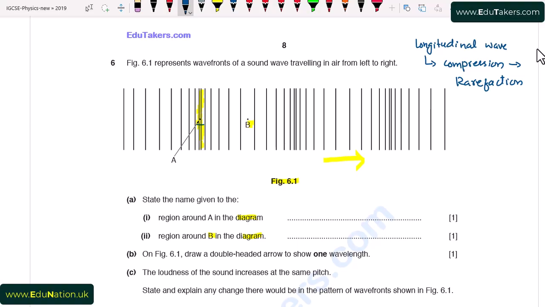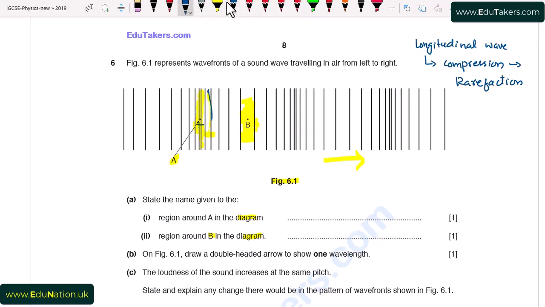In the figure 6.1 we can see a portion that is this one. Here the particles are very close to each other, so this portion is basically compression. But at point B, we can see that the distance between the wavefronts is very large as compared to point A, so this region is basically rarefaction. Point A is at compression while point B is at rarefaction.